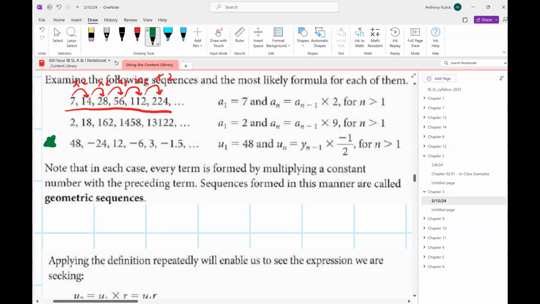What's the pattern going on? We want to think about it always as multiplication, so times negative 1/2. That's the same thing as dividing by negative 2. But if you start thinking about it as division problems, you end up screwing up your R. So I always want to think about it as a multiplication. Everybody's okay? All right.